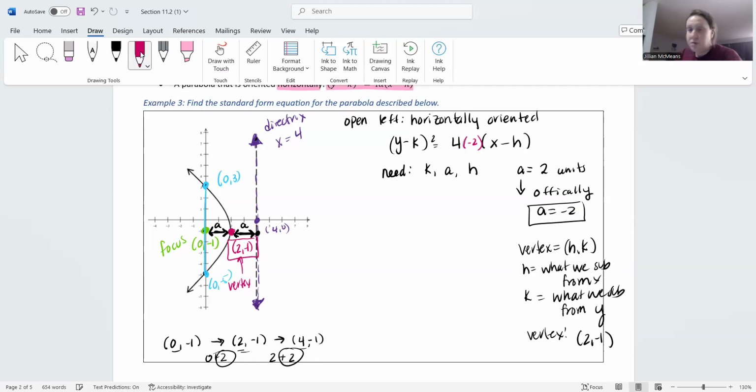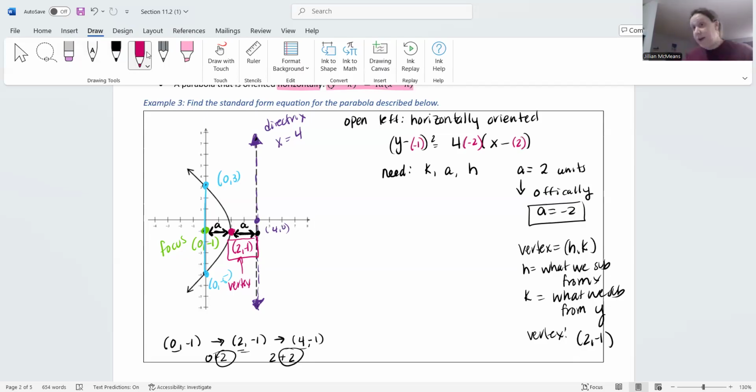All right, this is 2, -1. That tells me that I'm subtracting 2 from X and I'm subtracting -1 from Y. So let's plug those values in. So let's go up here. We're going to subtract -1 and we're going to subtract 2.